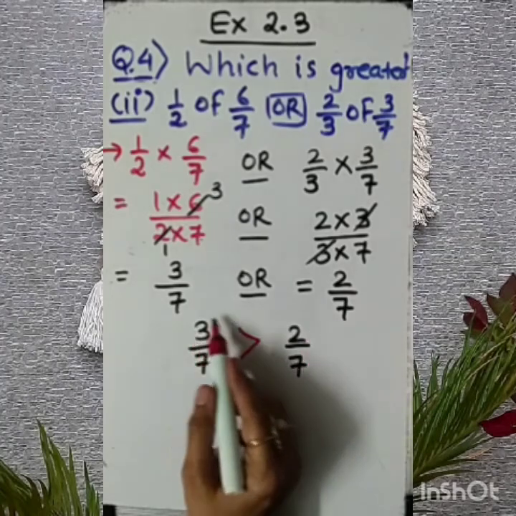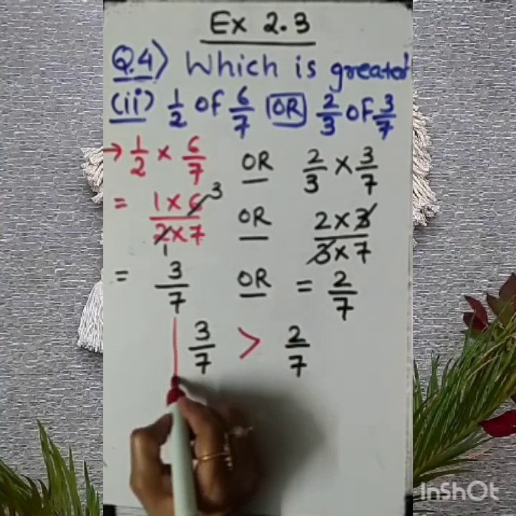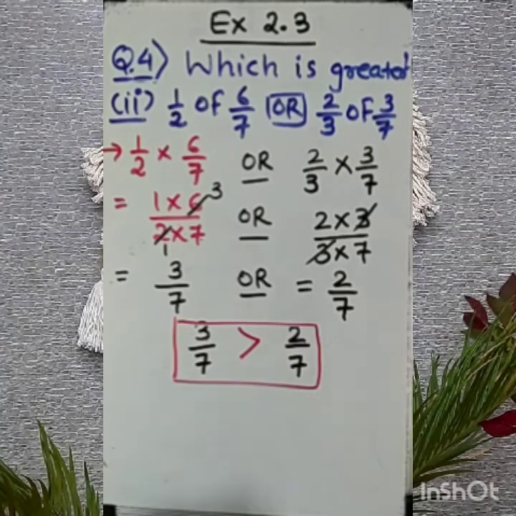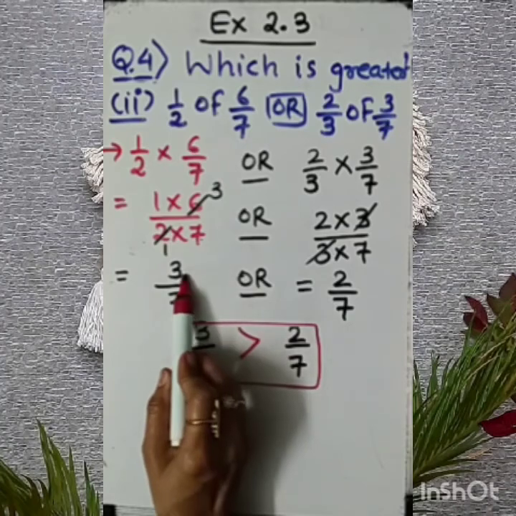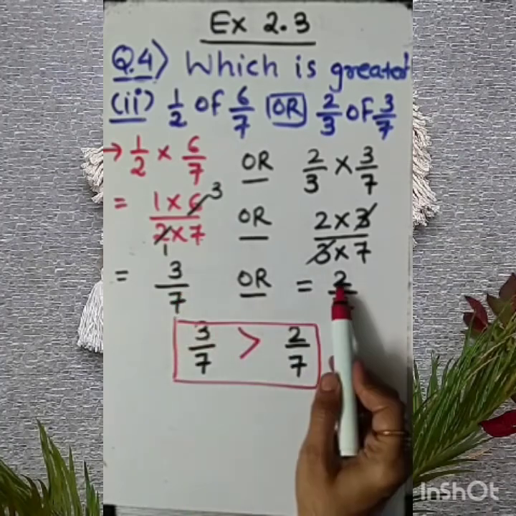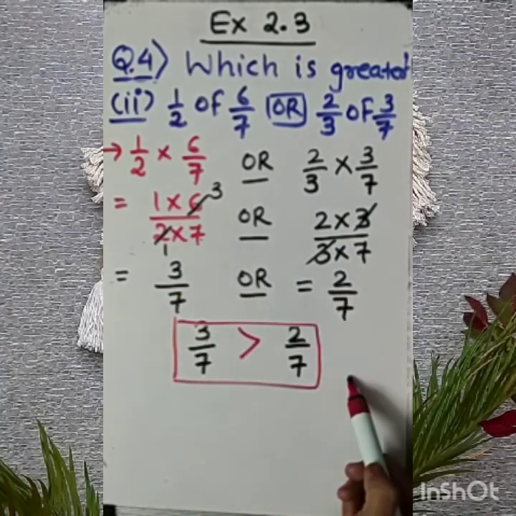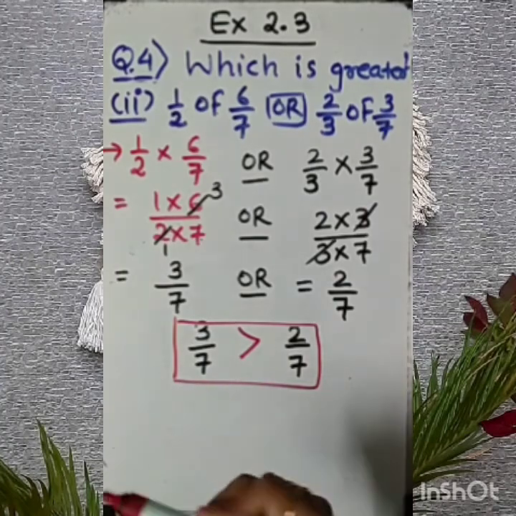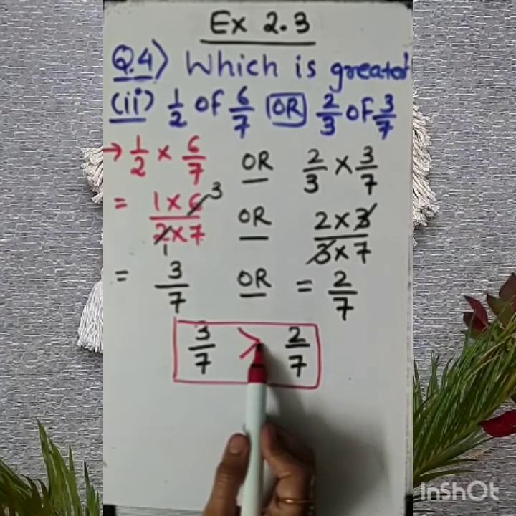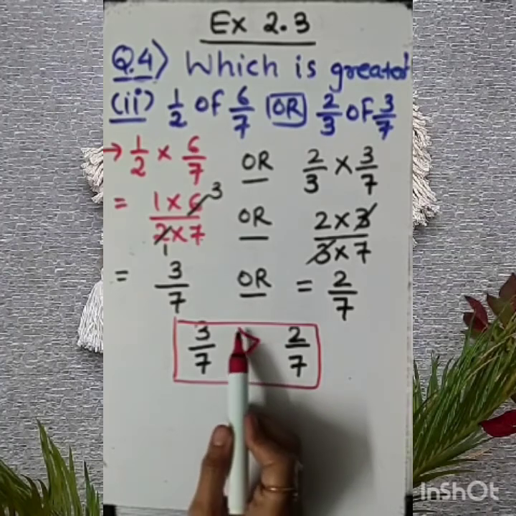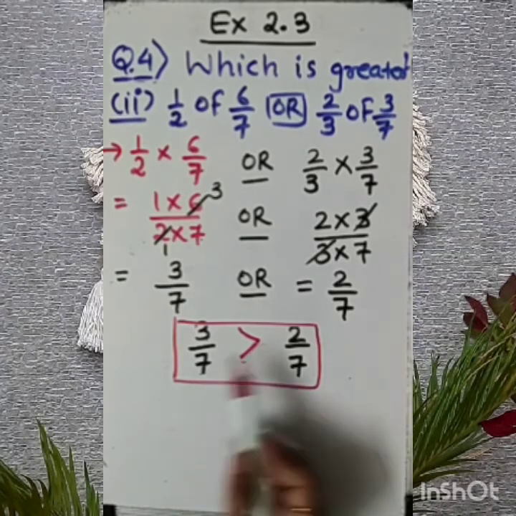So through the numerator only we are able to say this number is greater. Okay, but if you want to move out with cross multiplication, then also let's check the answer is coming similar. 7 threes are 21 this side, 7 twos are 14 this side. So 21 is bigger than 14. So again through that also you will come to this conclusion, this number is bigger than this number.